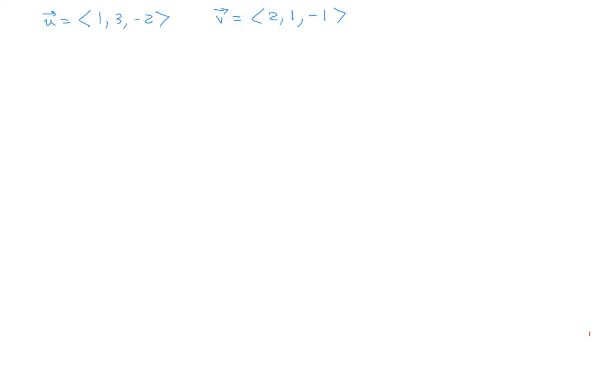So anyway, pause the video and try to compute U cross V. I'm setting it up here, actually. You might want to look at the part where I'm setting it up, and then just pause the video and try to do the computation.